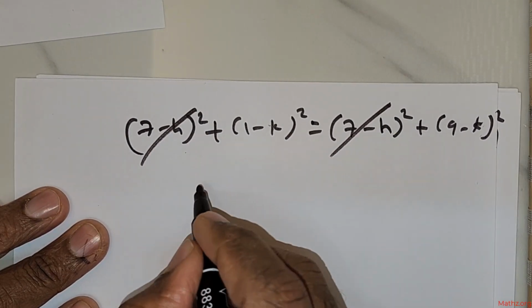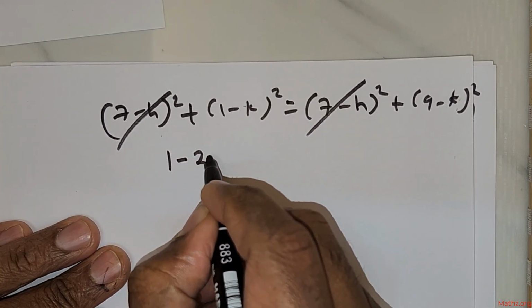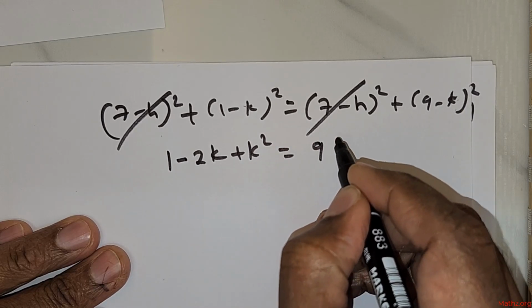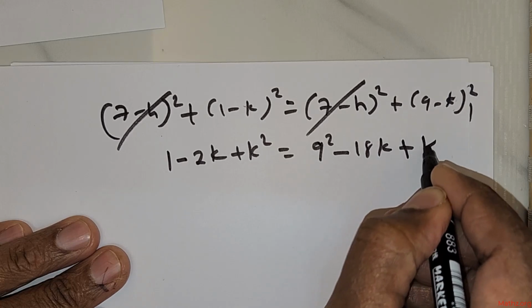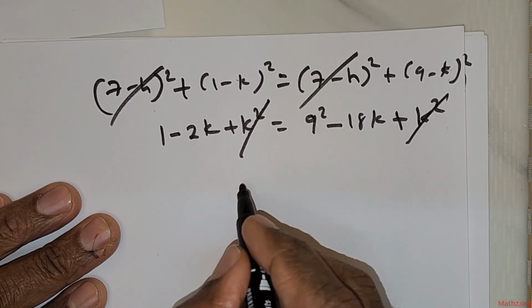So this and this get cancelled. You have 1² − 2k + k² = 9² − 18k + k². k² gets cancelled.